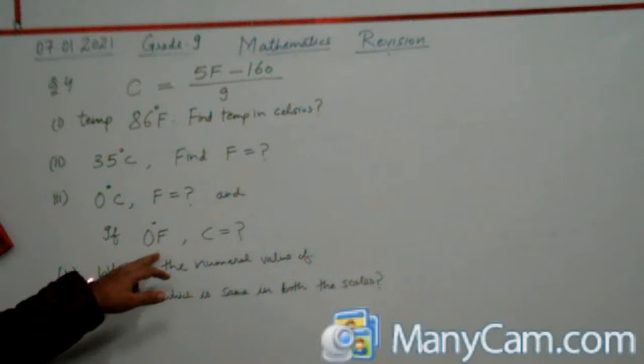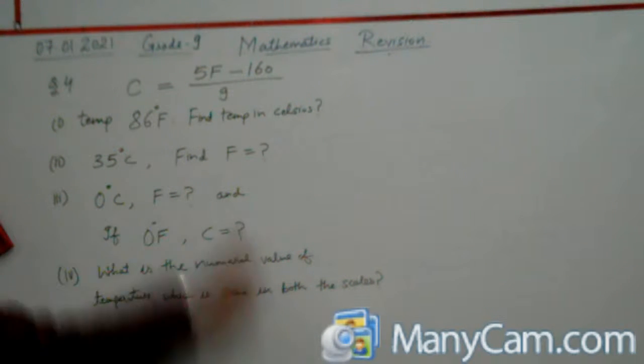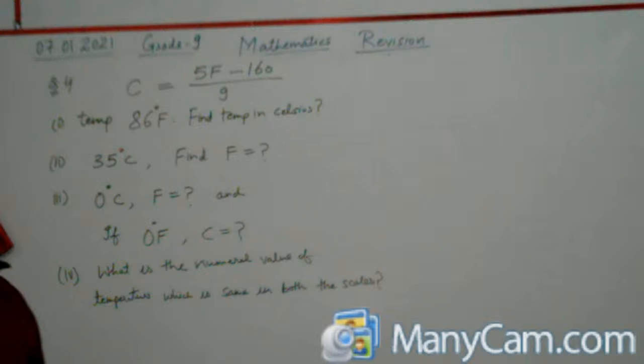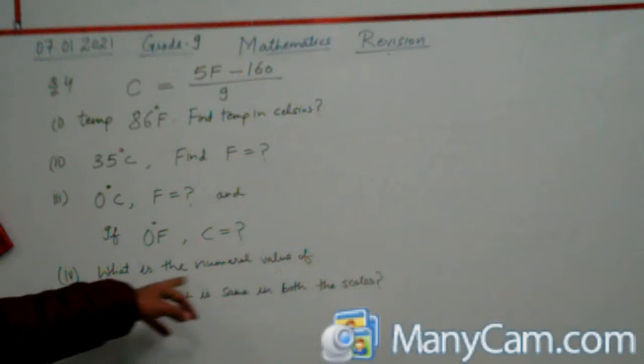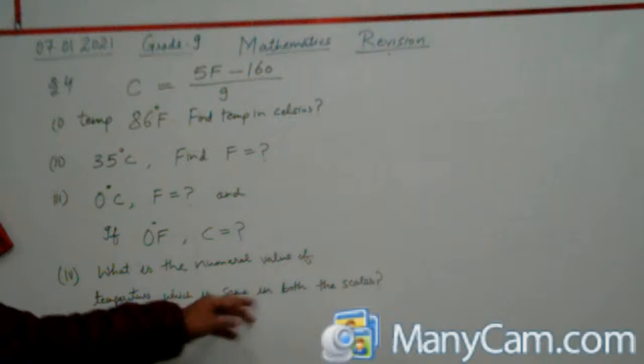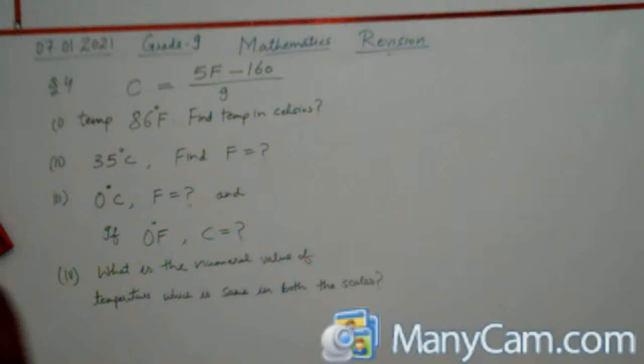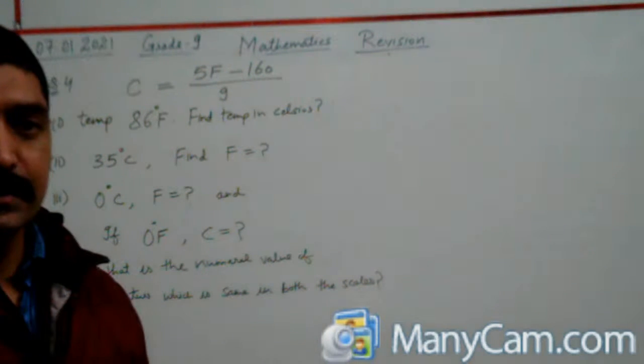And if the temperature is 0 degrees Fahrenheit, what is it in Celsius scale? And the last, fourth part is what is the numerical value of temperature which is the same in both Fahrenheit and Celsius scales.